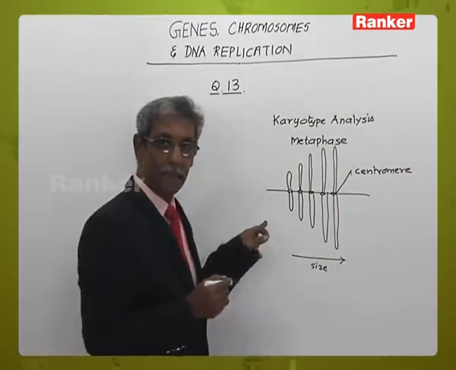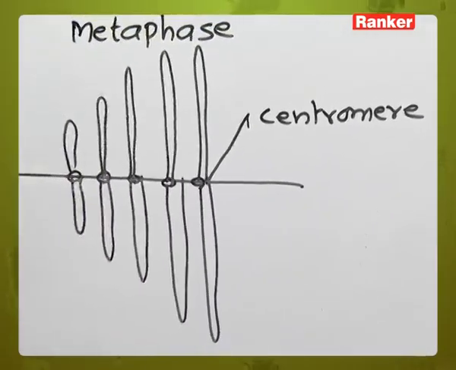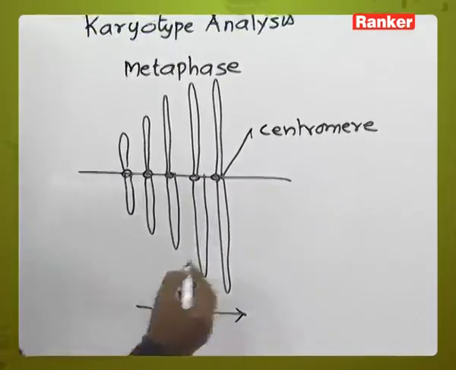This diagrammatic representation of the arrangement of the chromosomes according to their size is termed karyotype.